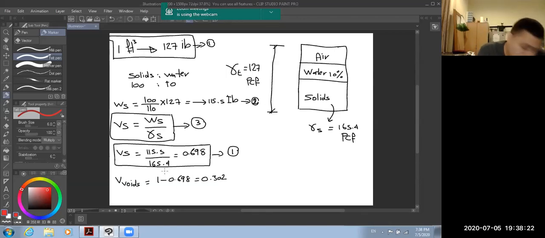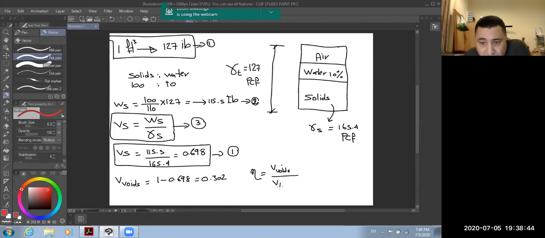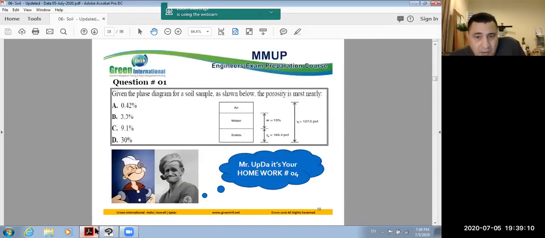Okay. Now the porosity is equal to the volume of voids divided by the total volume, multiplied by 100. So it equals 0.302 over 1 multiplied by 100, equal to 30.2%. So the answer is D. The answer is D.